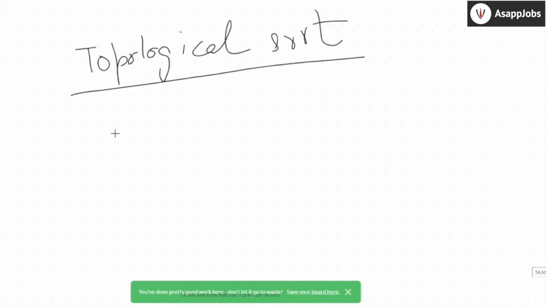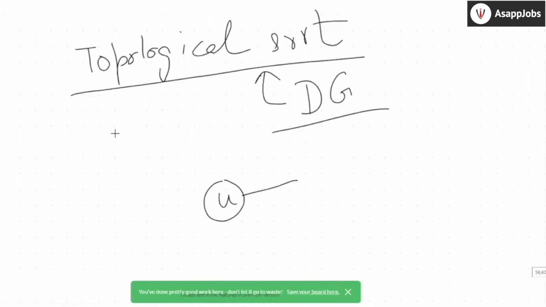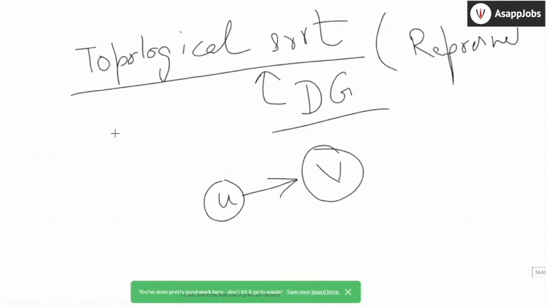What topological sort means is, it's only valid for a directed graph, by the way. It doesn't work for an undirected graph. So if I have an edge from U to V, first thing is it's a representation: I should always represent U before V. In all the traversals that I do, I should always traverse U before V. Because it might happen that I can reach V from C also.